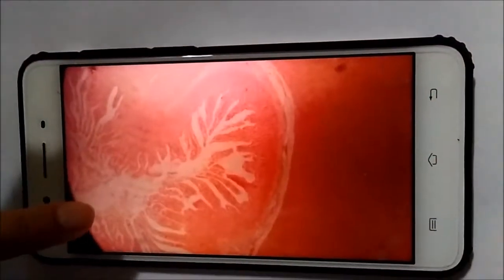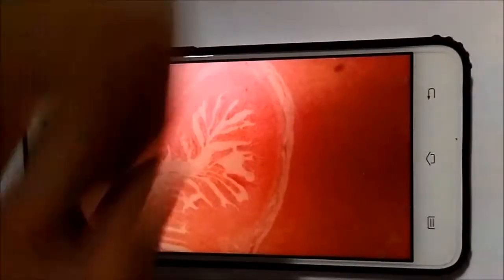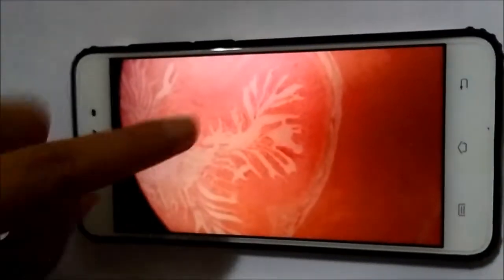So this is the lumen of the intestine, which, as we know, is just like a loop here. Okay.